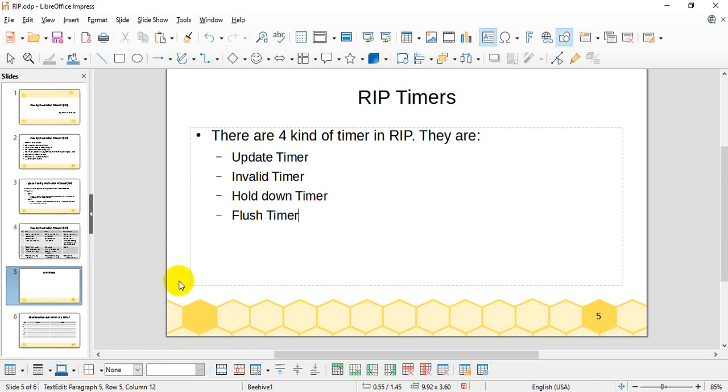There are 4 kinds of timer in RIP, Routing Information Protocol, and they are update timer, invalid timer, hold down timer, and flush timer. And what is the default?